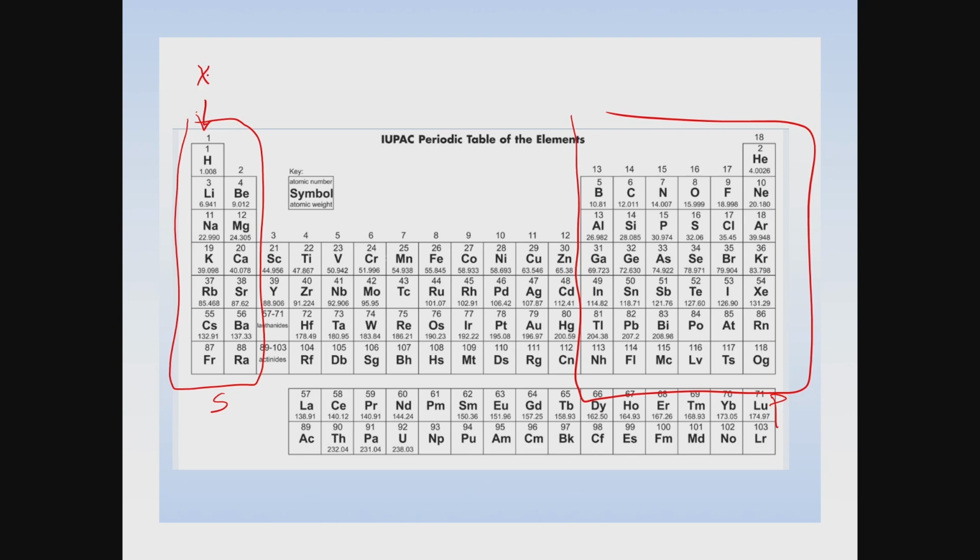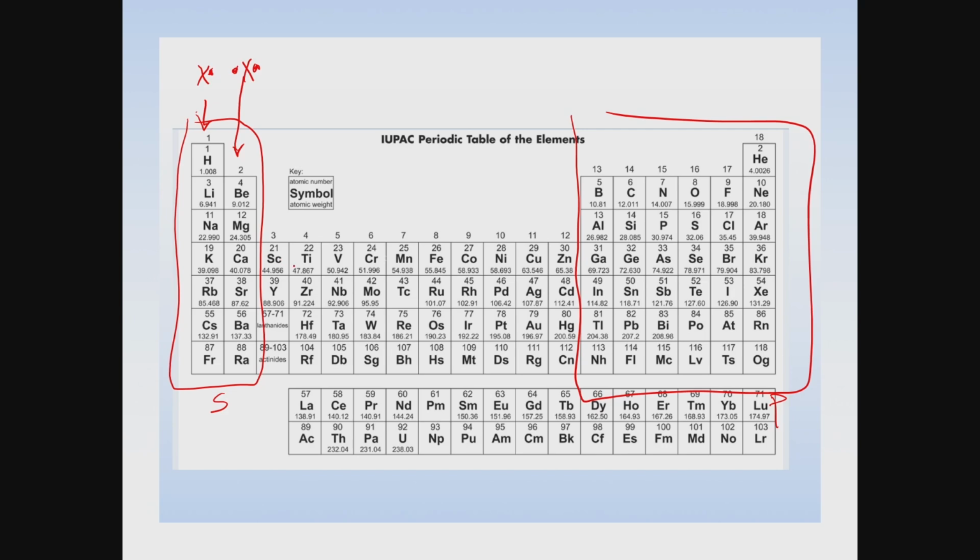I'm going to symbolize the element as X, and I'm going to put a single dot here to indicate all the alkali metals and hydrogen have 1 valence electron. Here in the second column, all elements have 2 valence electrons. And so you can put 1 dot here, and then if you want to, you can put a dot on the other side.